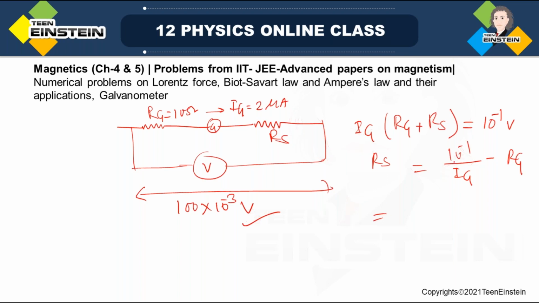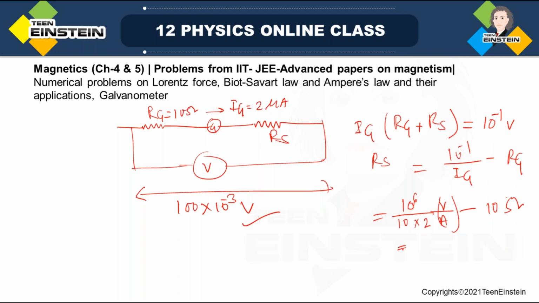I can write 10 to the power minus 1 as 1 over 10, and Ig is given as 2 microampere, which is 2 into 10 to the power minus 6 ampere. This is volt per ampere, so it will be in resistance units, and Rg is given as 10 ohm.